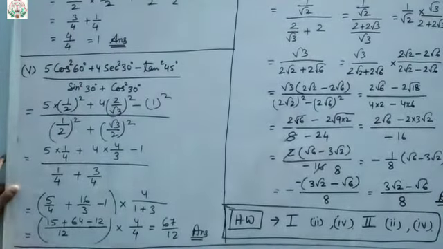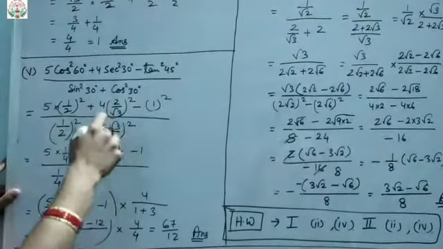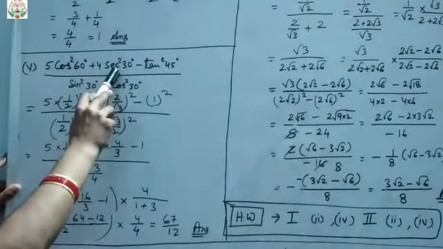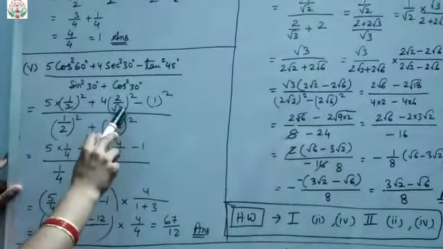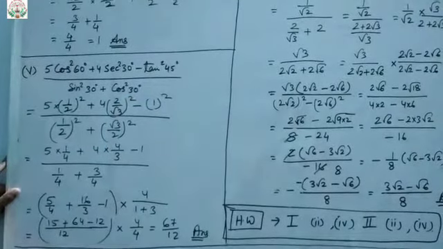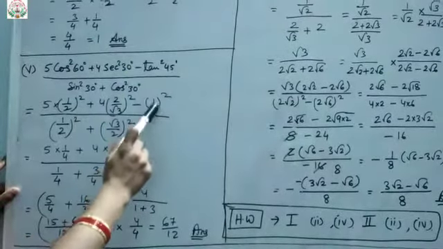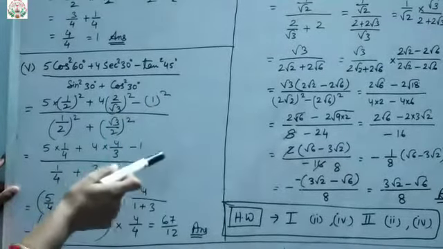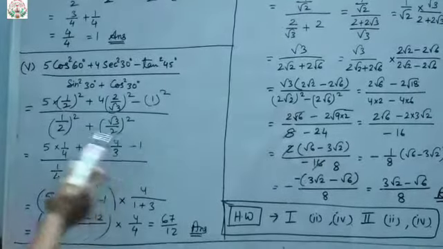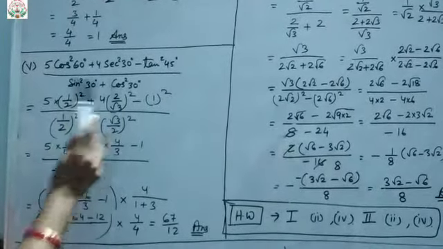Sec 30 is what? 2 upon root 3. So square it, because sec square is given. Okay. Minus tan 45 is what? 1. So tan square 45 means 1 square, because tan 45 is 1, so 1 square upon this denominator. You can do it in two ways.